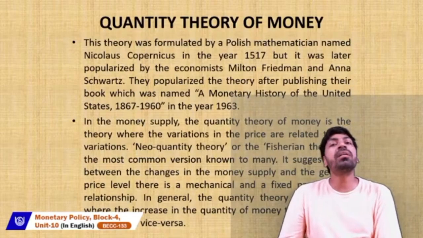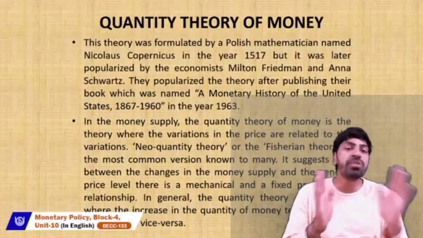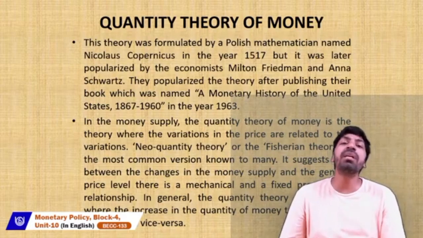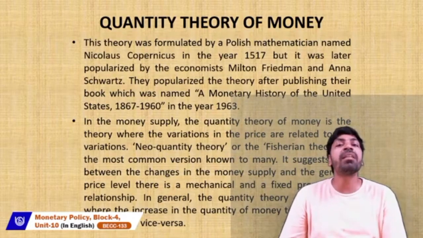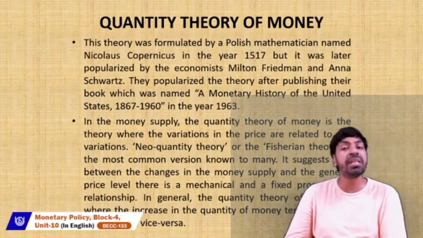The next theory is the quantity theory of money, which is one of the most important theories for your examination. This theory was basically formulated by the Polish mathematician Nicolaus Copernicus in the year 1517.